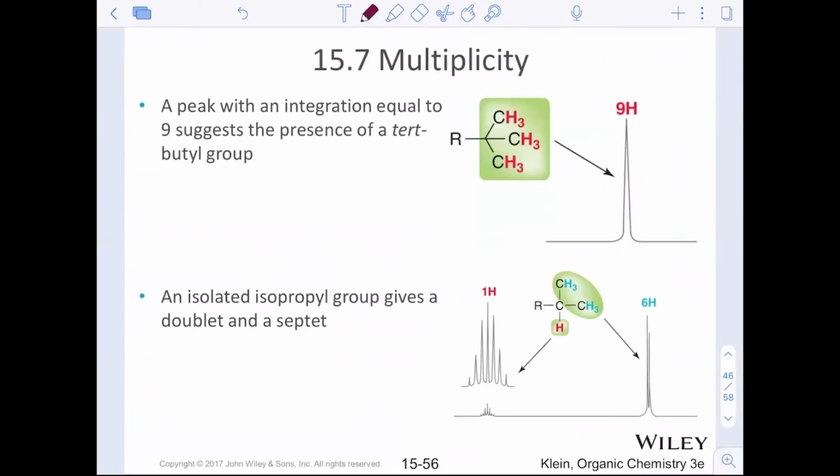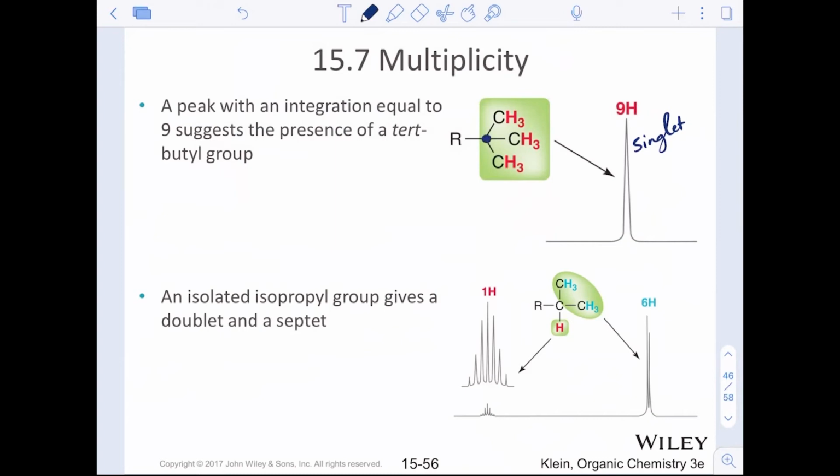All right, some things that I just want to present that are really good to remember, really good to observe. And these are things that we'll see a lot of. If you see a singlet with 9 H's, that suggests the presence of a tert-butyl group.